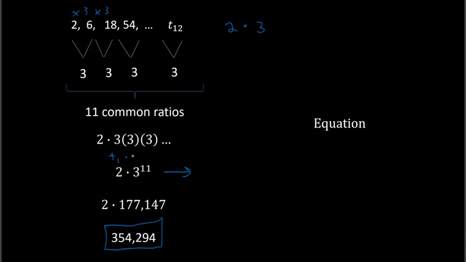So r is your common ratio. That's the number you're multiplying by. And then 11, we take the term number, so 12, and then subtract 1. So term number, which is n, and then subtract 1. And so all that is to find a given term number. So Tn equals T1 times r to the n minus 1 power. So we see it over here in red as well. That would be my equation.